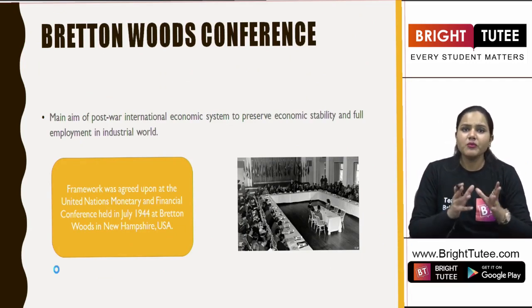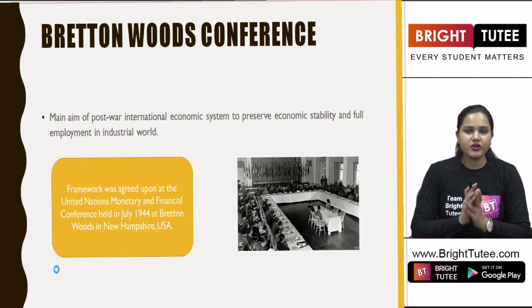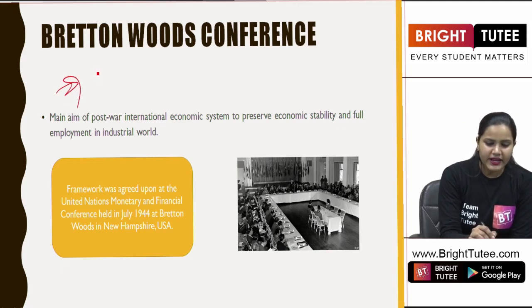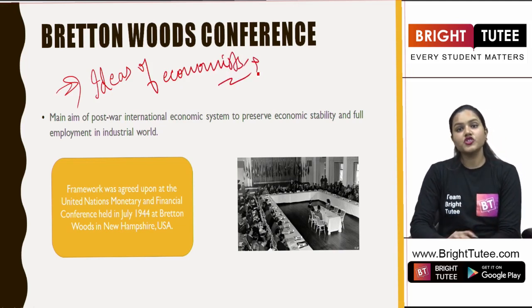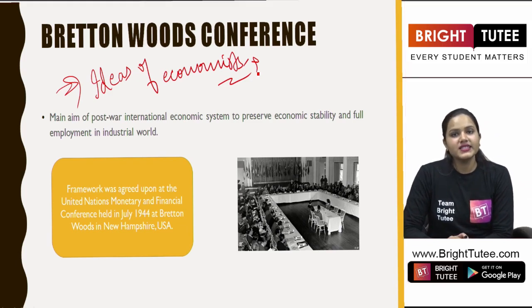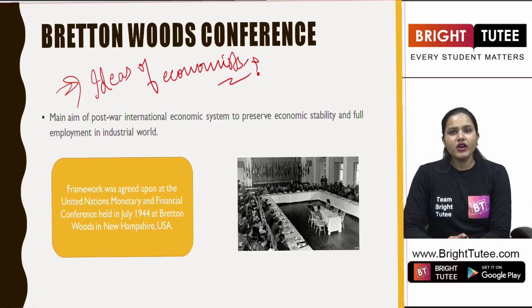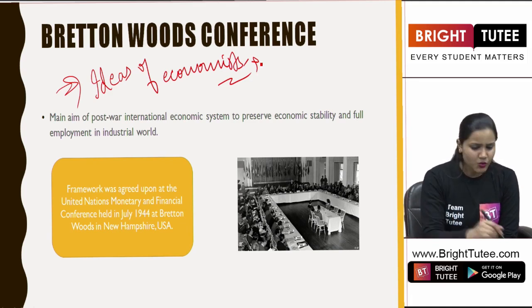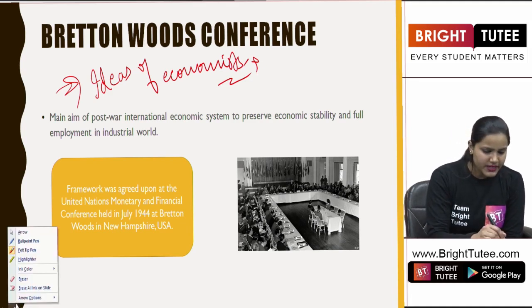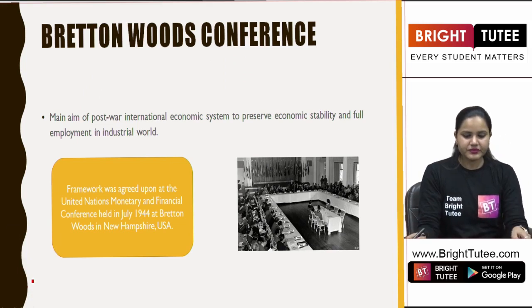Now, one more thing that I would like to point out here is the ideas of economists. According to them, what were the new changes that should take place after the Second World War? The economists definitely understood one thing here. What was that? Let us try to understand it.